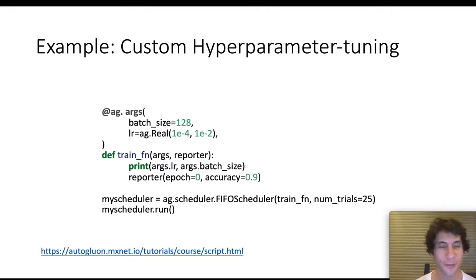All you have to do to modify this function to be tuned by AutoGluon is add this ag.args decorator. You specify search spaces for each of its arguments. In this case, batch size will just be a static value, and learning rate will be tuned as a real-valued hyperparameter between an upper and lower bound. And then we can just start tuning this function to find the best values of these hyperparameters.